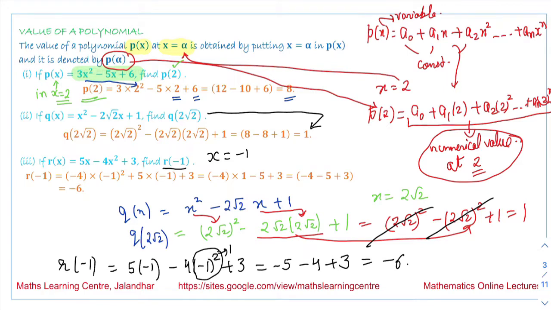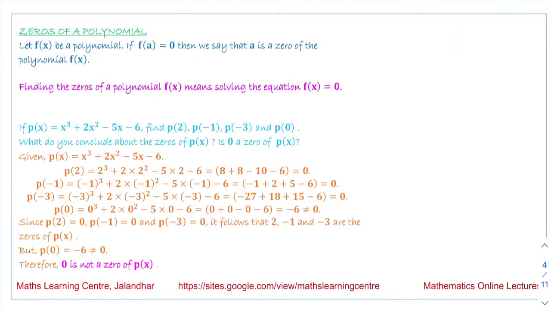Now the next definition we have is the zero of a polynomial. Zero of a polynomial means we are talking about those values of a for which f(a) is equal to 0. A polynomial f(x) is given to us, and we are trying to find those a for which f(a) is equal to 0.